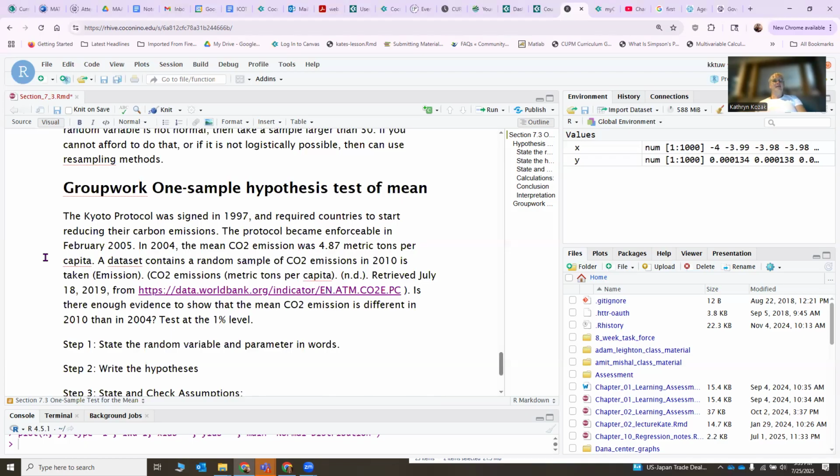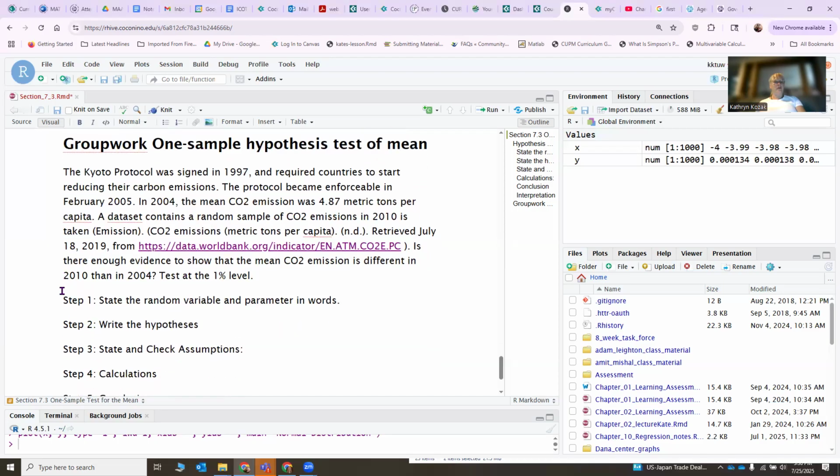A data set contains a random sample of CO2 emissions in 2010. CO2 emissions are measured in metric tons per capita. So this was retrieved from a data set, and what we want to know is, is there enough evidence to show that the mean CO2 emission is different in 2010 than in 2004? And we're going to test this at the 1% level.